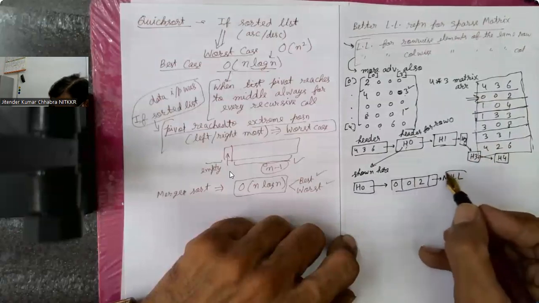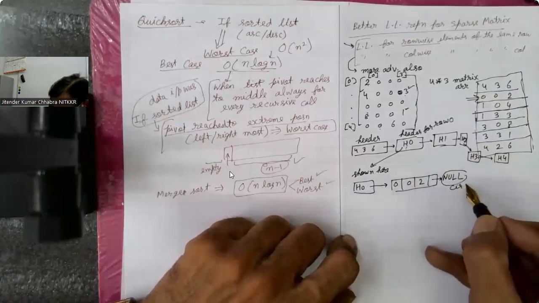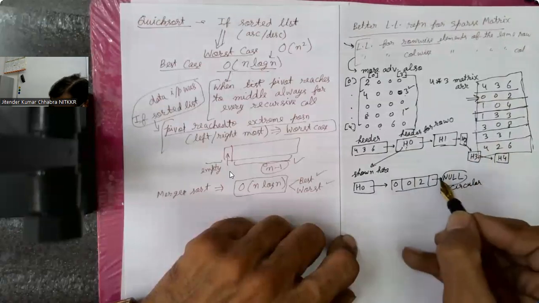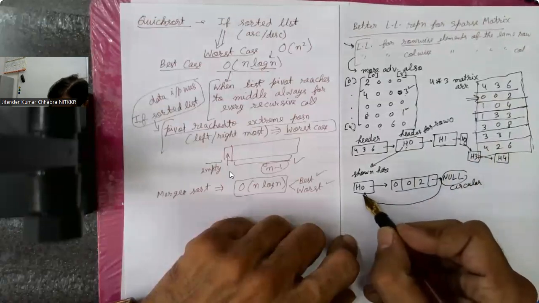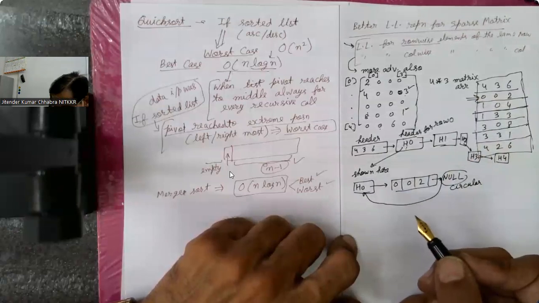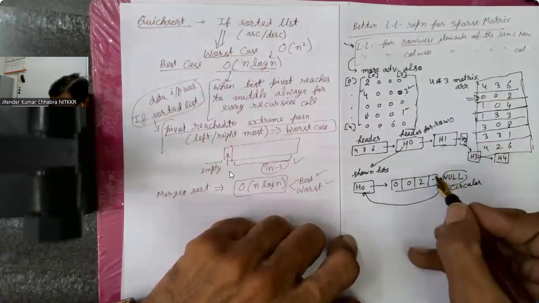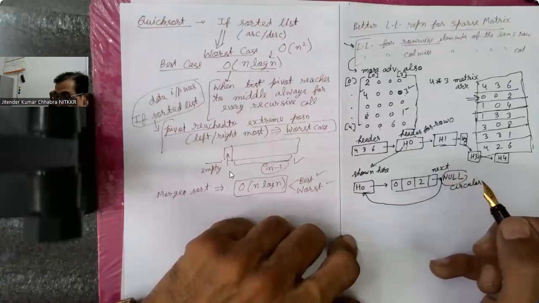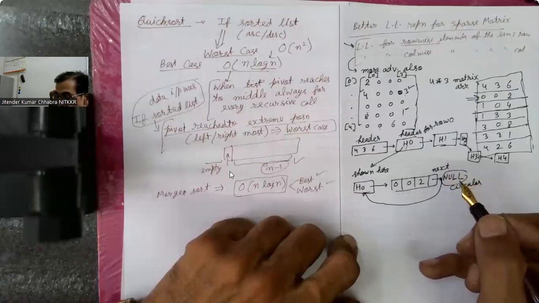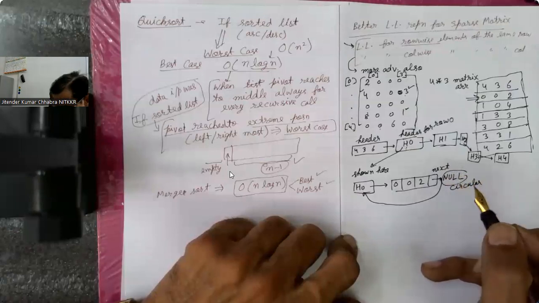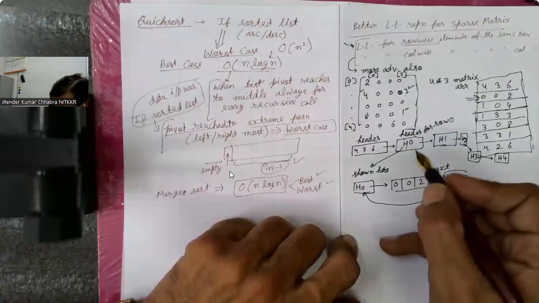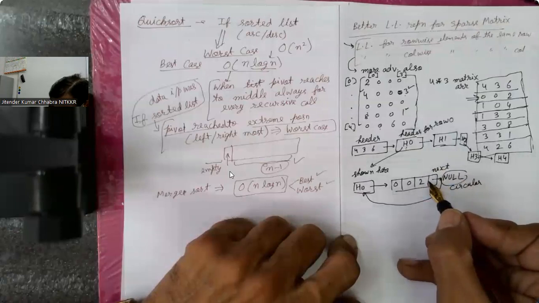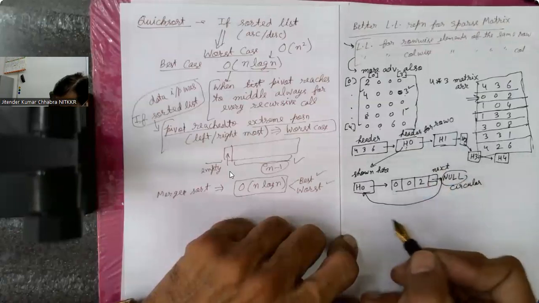And if you make a circular list, which the book explains as circular, then this will point back to the same header node. So I have here a next pointer to go to the next element in the row list. Not only that, each of them will have a down pointer also.